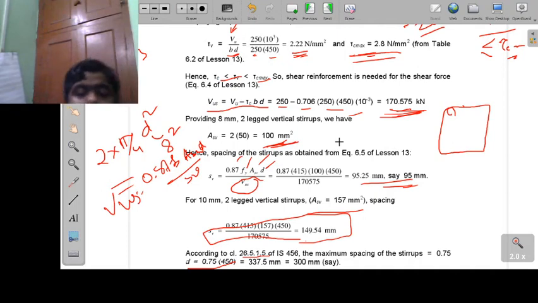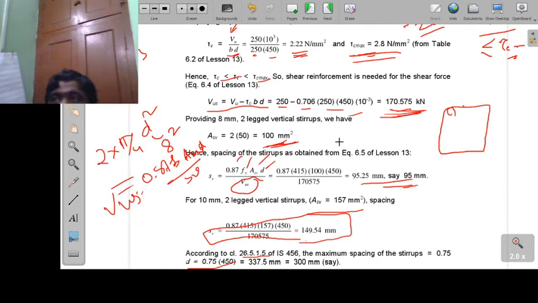For your reference, I will just read what is written there. It is written like, the maximum spacing of shear reinforcement measured along the axis of the member shall not exceed 0.75 d for vertical stirrups and d for inclined stirrups at 45 degree, where d is the effective depth of the section under consideration. However, in no case shall the spacing exceed 300 mm.